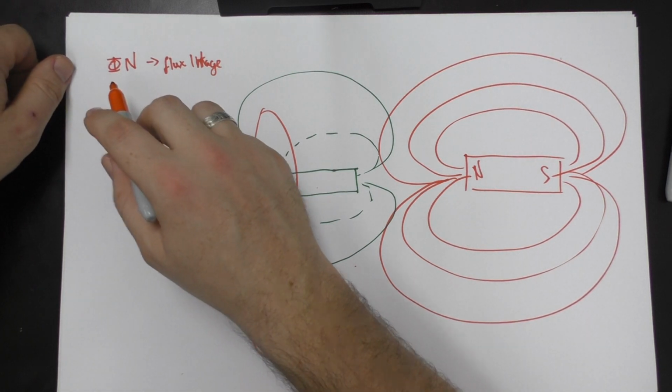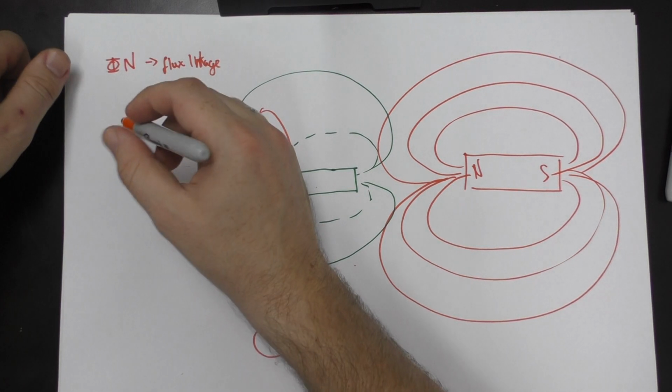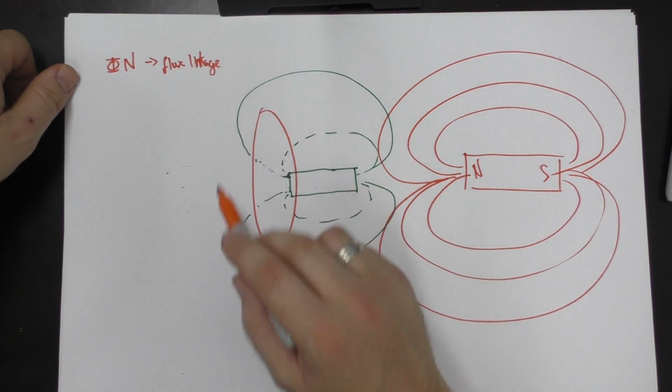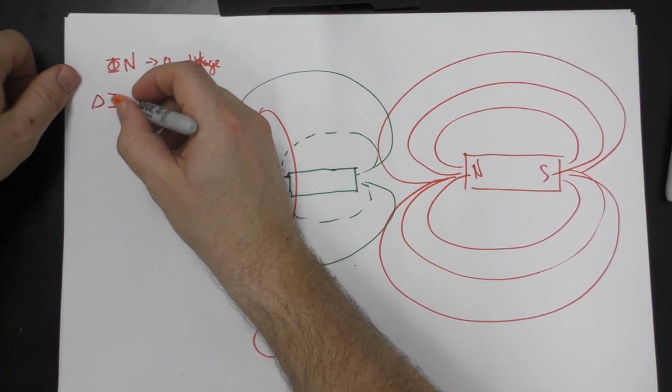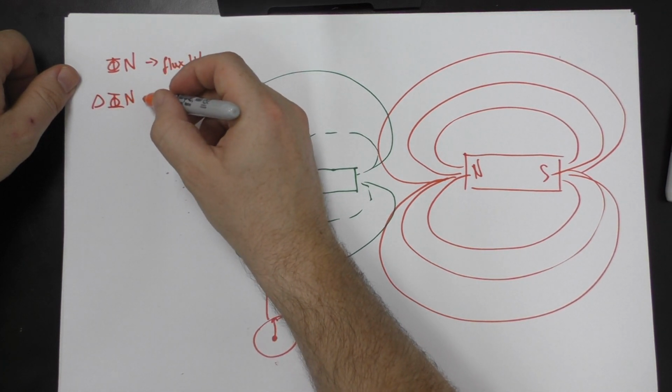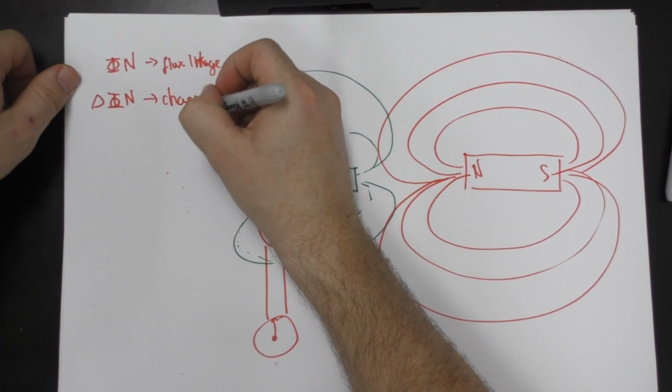But what's important in induction, and you'll see this practically in your classes that you'll take with me, is that actually it's not the flux linkage that matters, it's the change in flux linkage that's going to be most important in producing an EMF in this wire.